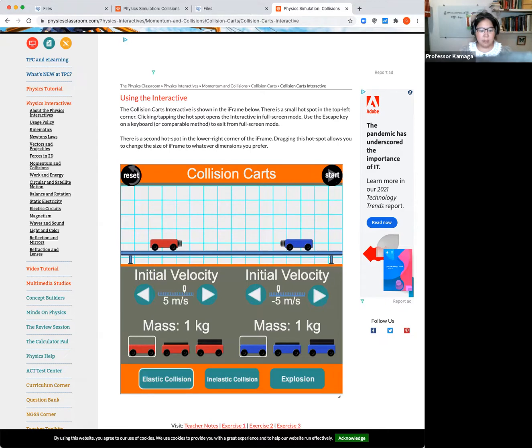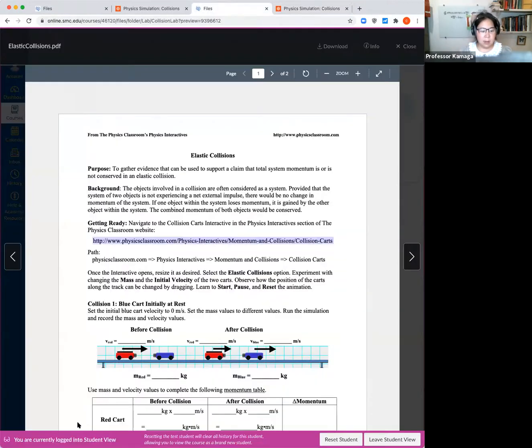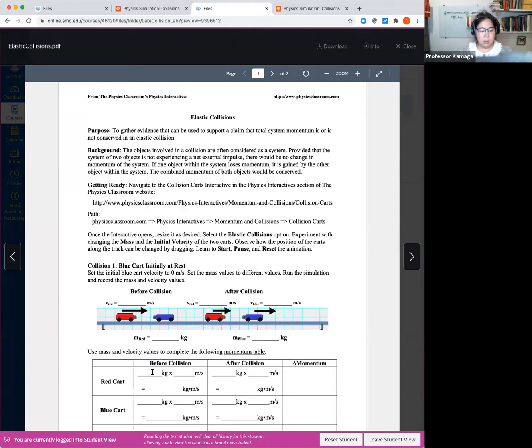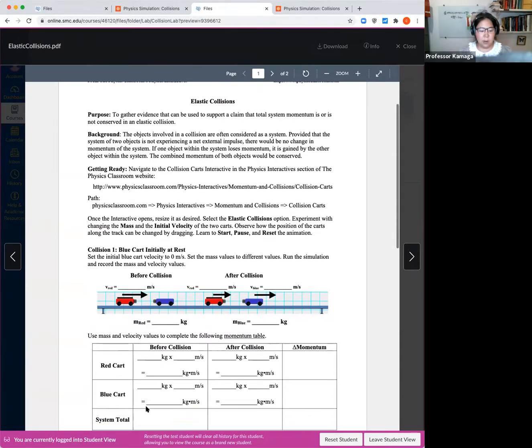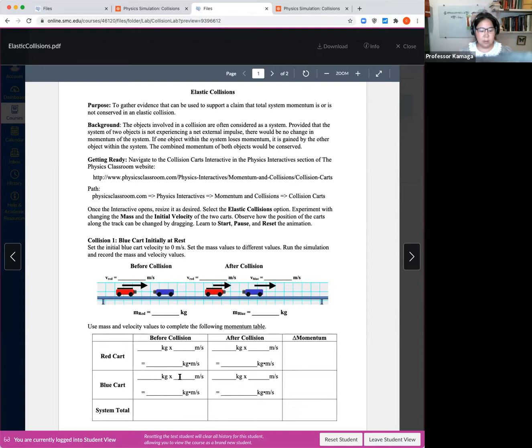So you notice the mass of the red card is going to be 1 kilogram, 5 meters per second, 5 kilogram meter per second. The blue one, in this case, is going to be 1 kilogram, minus 5 meters per second. So therefore, this is going to be minus 5 kilogram meter per second.